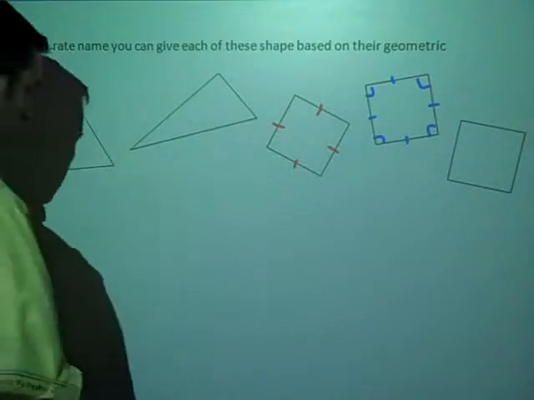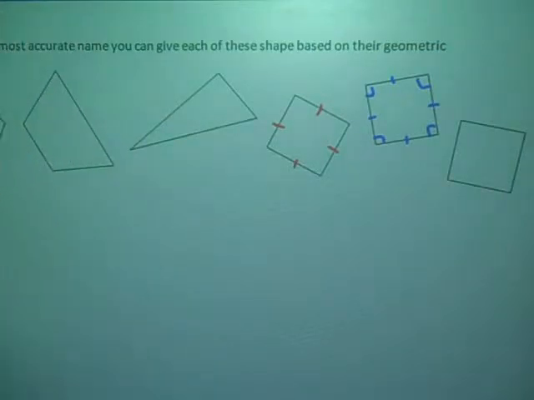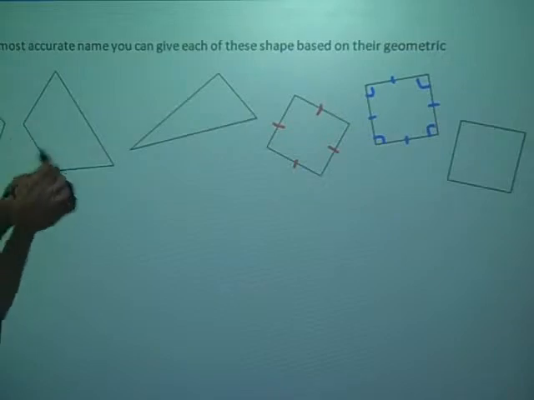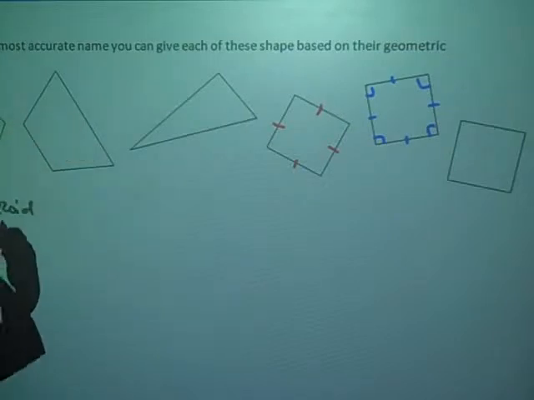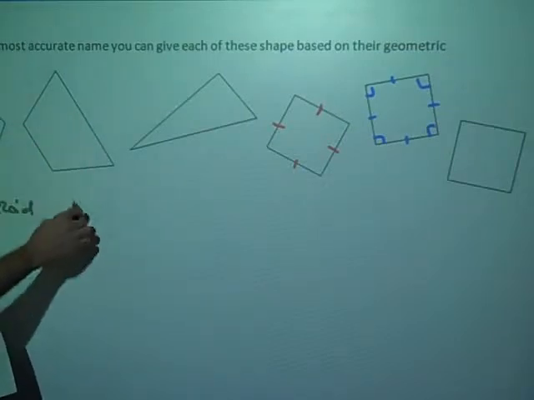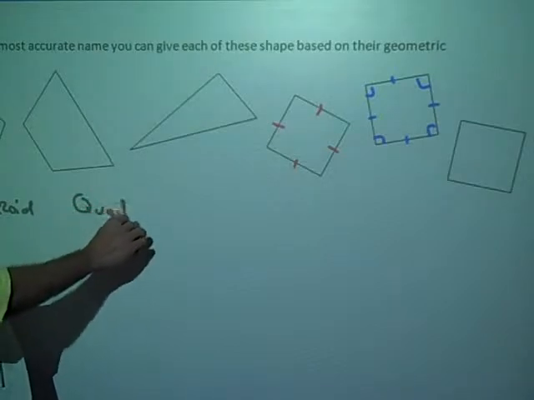Okay, so what can we call each of these shapes? Well, this is a quadrilateral with one pair of sides parallel, so that is a trapezoid. This looks to be the exact same shape, but since I can't assume parallel, I just have to call that a quadrilateral.